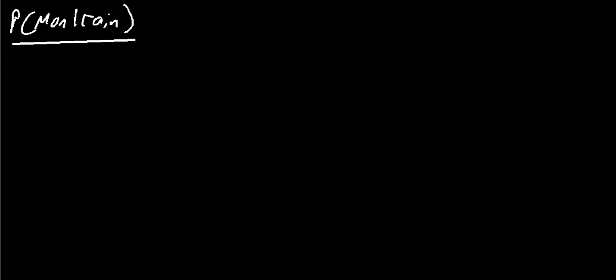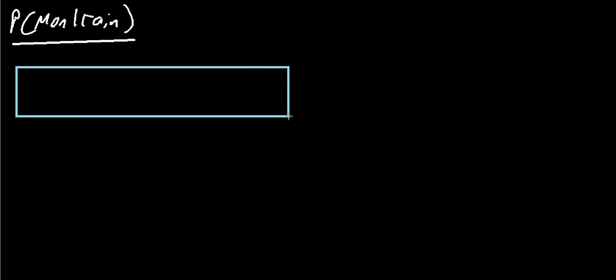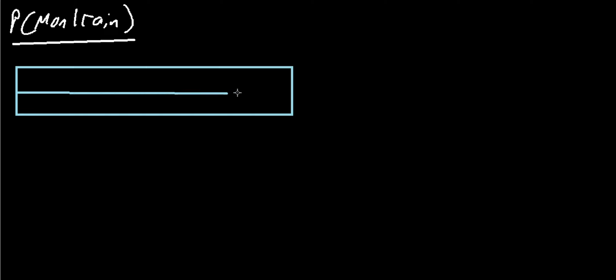I'm going to start by putting in the sample space for the weather, which is the thing we're conditioning on. If you remember, it looks something like this, where this area was rain and this was no rain.